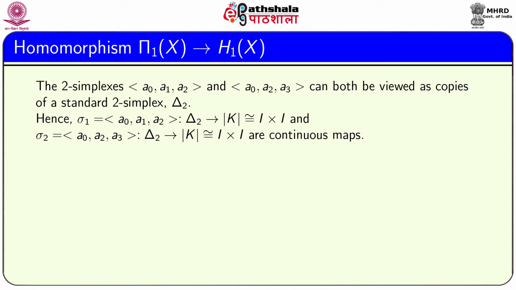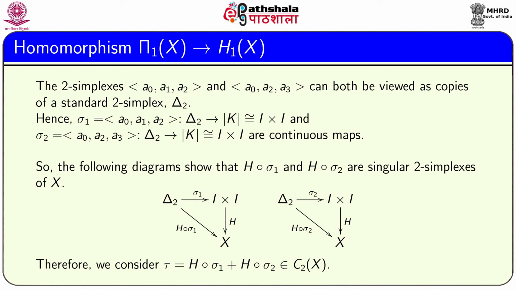Hence, if we call A0A1A2 as sigma 1, then sigma 1 is actually a singular two simplex from delta 2 to mod K, and sigma 2, which is A0A2A3, is also a singular two simplex from delta 2 to mod K. So, the following diagrams show that H compose sigma 1 and H compose sigma 2 are singular two simplexes of X.